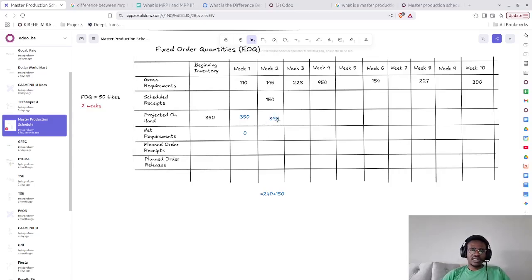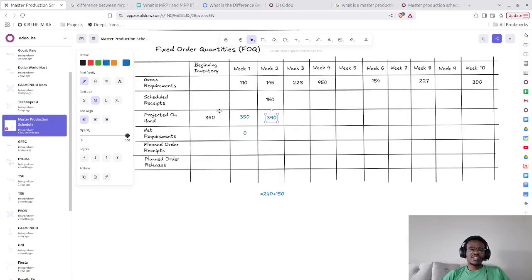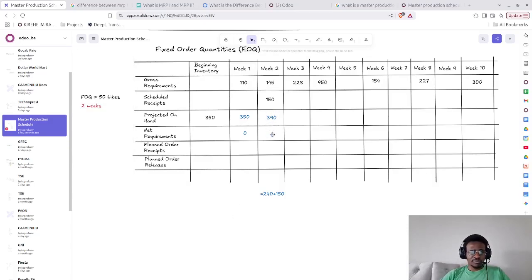So we have 390 bikes, but we have a forecasted quantity of 145. When we supply 145, how many bikes are we left with? That's right, 245. Do we have any net requirements to supply our demands? Nope. So the net requirement here is 0.